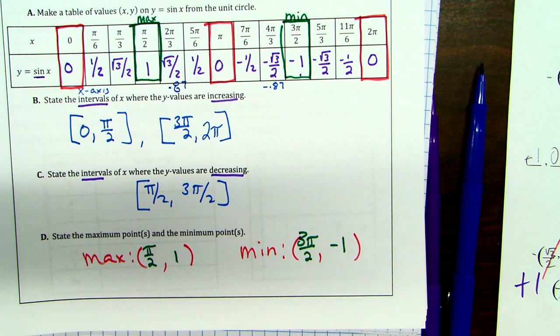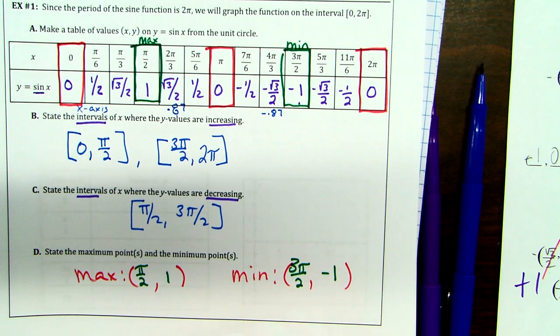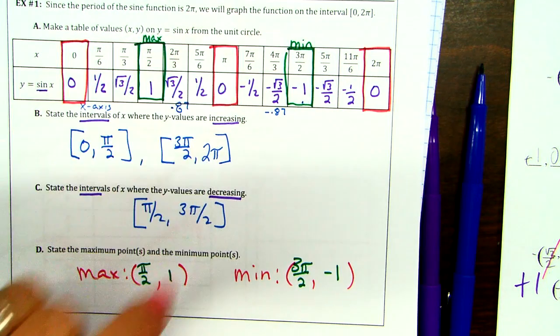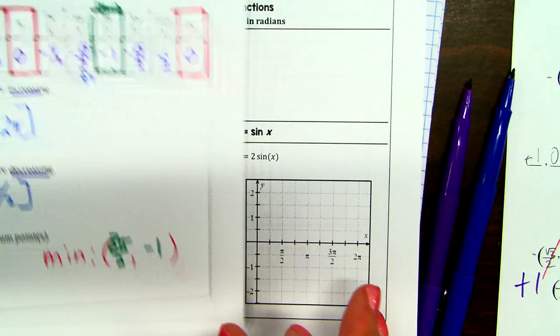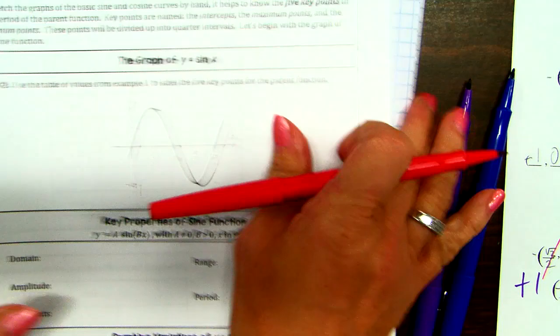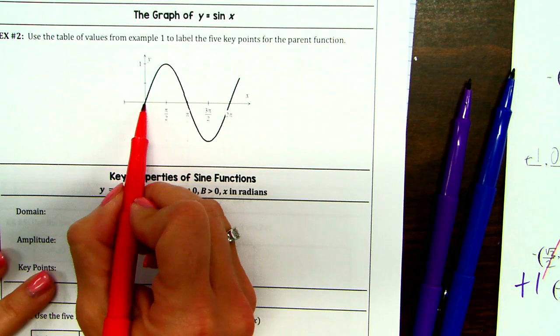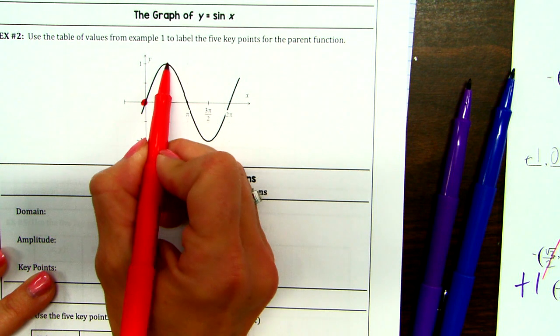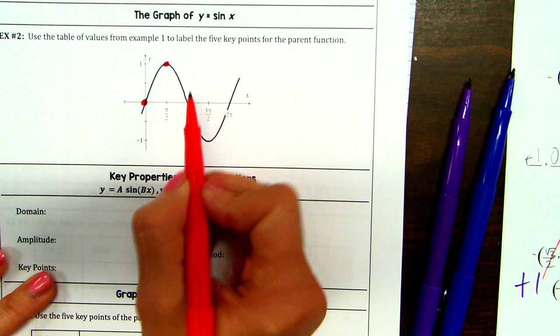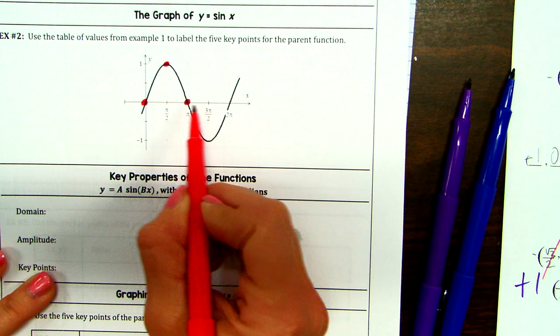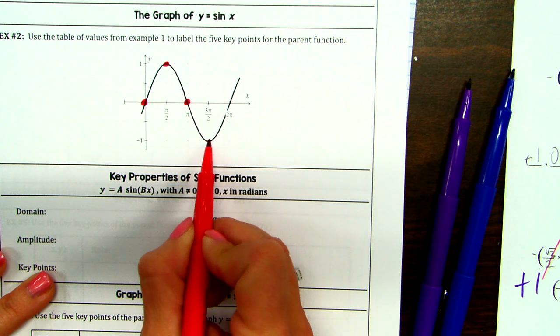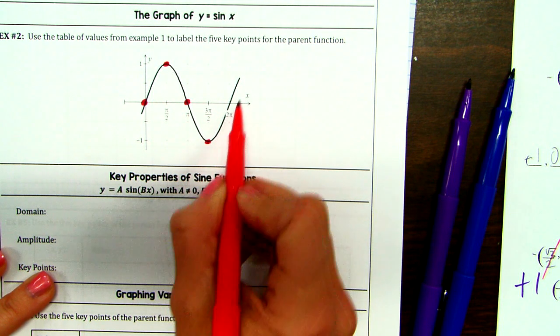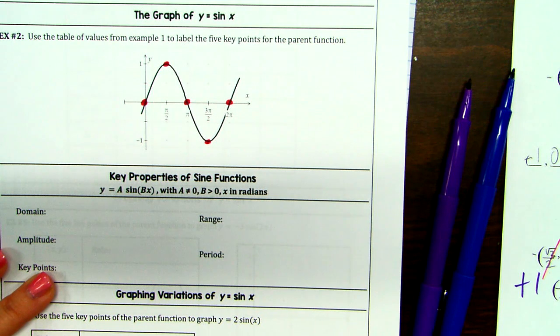Okay, so those 5 points that I just highlighted are what we're going to start calling our 5 key points of sine, the parent function of sine. So at the top of the next page, you can see the graph of it. We have 0, 0, pi over 2, 1, there's your max, pi, 0, 3 pi over 2, -1, there's my min, and then 2 pi, 0.